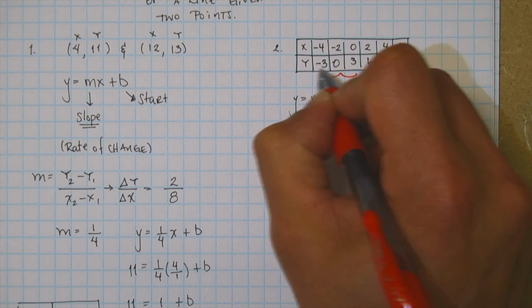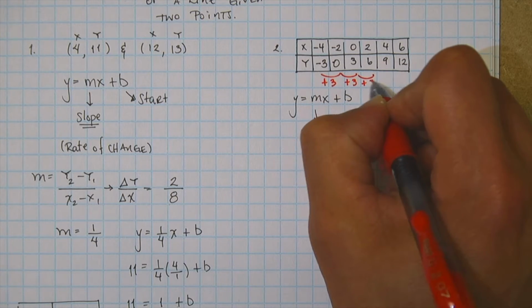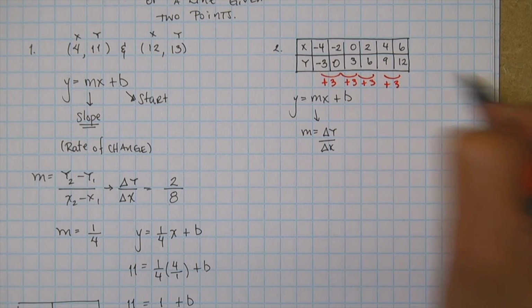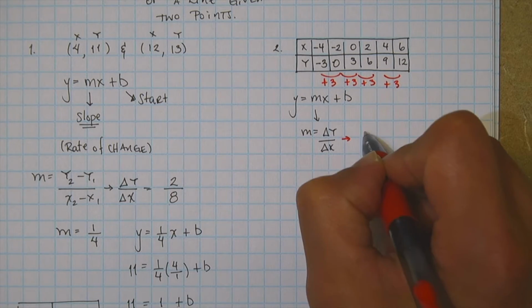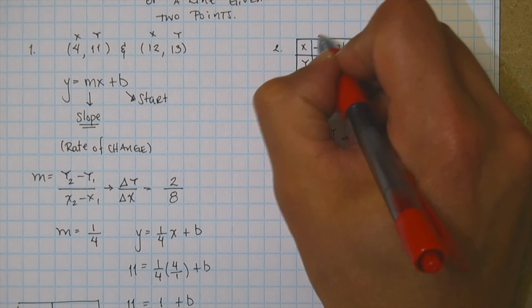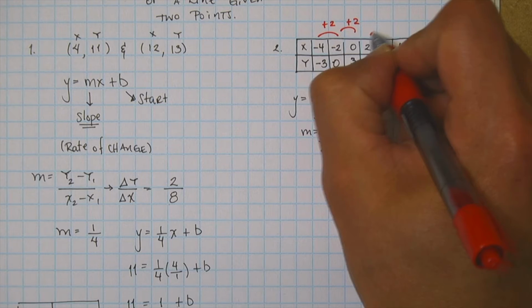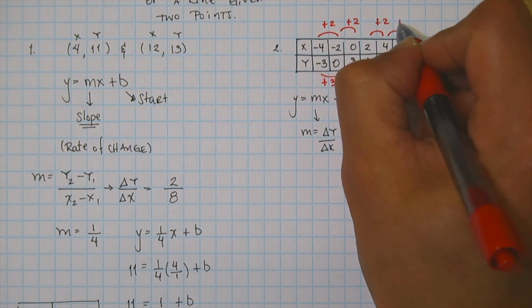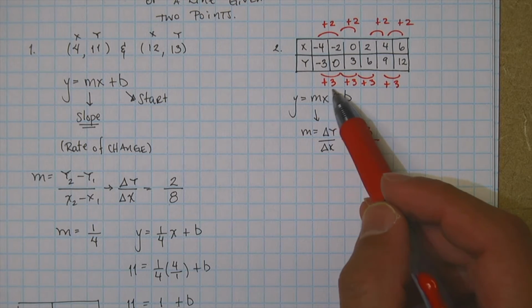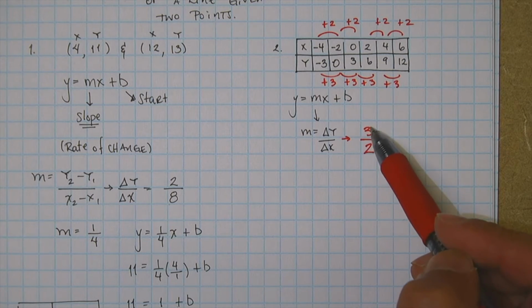Well, from -3 to 0, I add 3, add 3, add 3. I keep adding 3. So how is it changing? It's adding 3 positives. What about my x? I made it easy. We're adding 2, 2, and you can tell we're adding 2 to every single one. So you notice my change is 3 over here, changing 2, so my slope is actually 3 over 2.